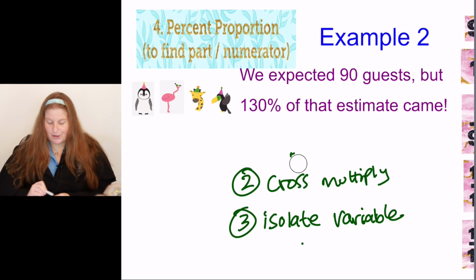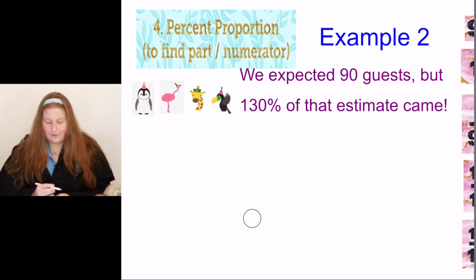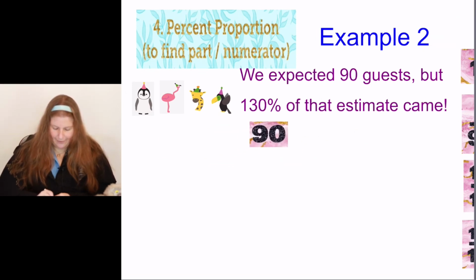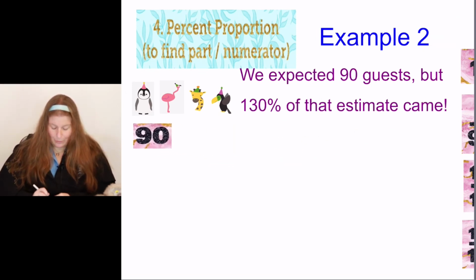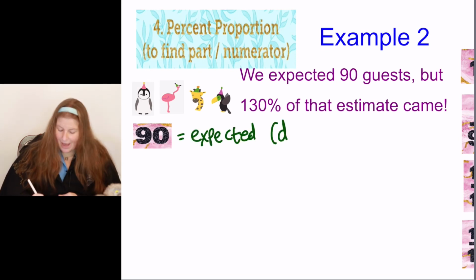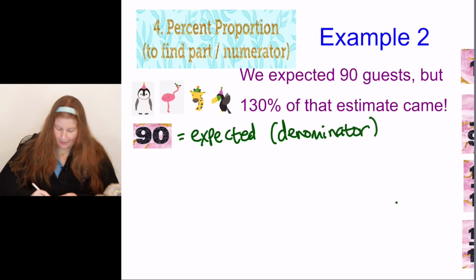Welcome back. Let's see how you did with this problem and these 3 steps of writing your own percent proportion equation, then cross multiplying and setting those 2 things equal, and isolating the variable to find the total number of party guests. So the information that we have is that there were 90 party guests expected. So that makes this number the denominator in our fraction.